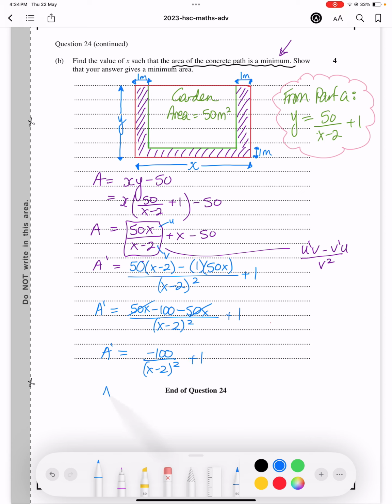Now in order to find the stationary points, we have to let A dash equal 0. So minus 100 over x minus 2 all squared plus 1 equals 0.